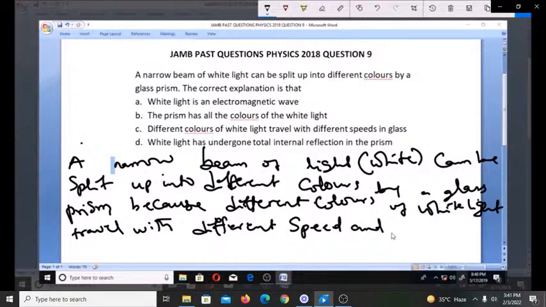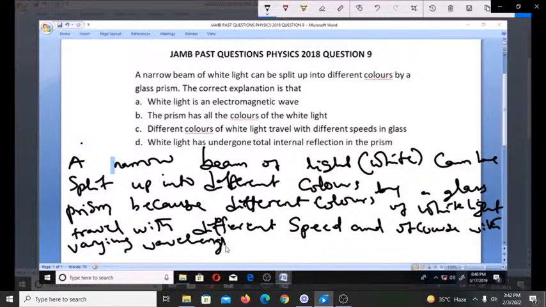You will not see that they actually move in different speeds, and you will be able to know that there are actually different colors. And of course, whenever something is moving with different speed, you can say it is moving with varying, that is also different, wavelengths.